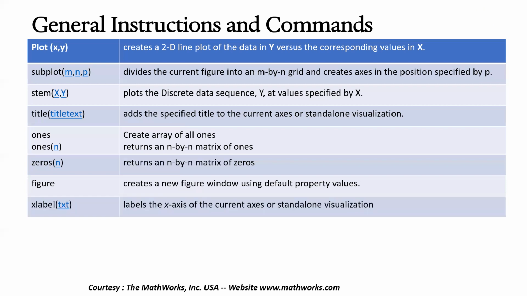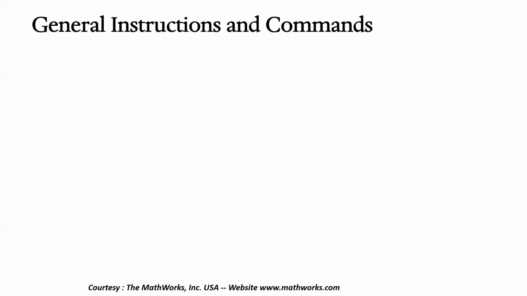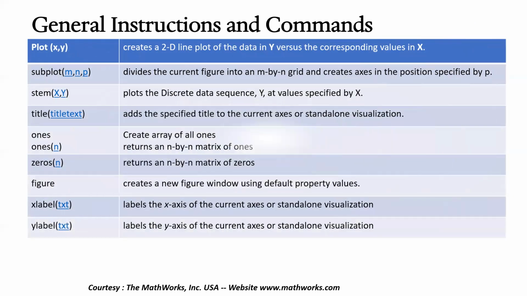Next one, xlabel. As the name gives, it labels, meaning it gives the name of the current axis for the purpose of visualization. Similar terms apply to ylabel of text.